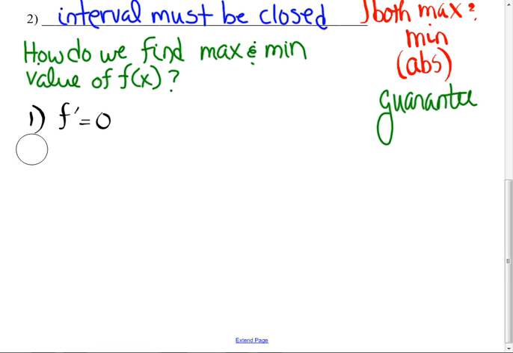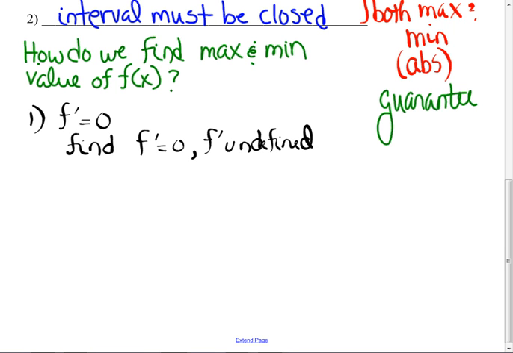Set your derivative equal to 0, and you find where f prime is 0 and f prime is undefined. You find those places. And then this is easy. All you do is substitute these locations, these c values, and we'll call that, let c equal where they occur.